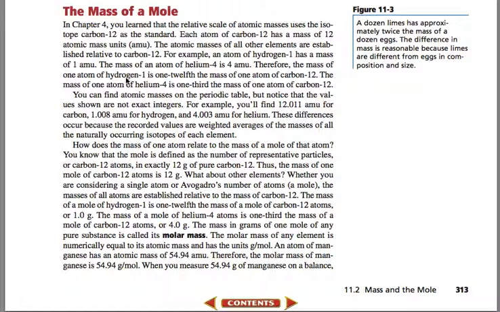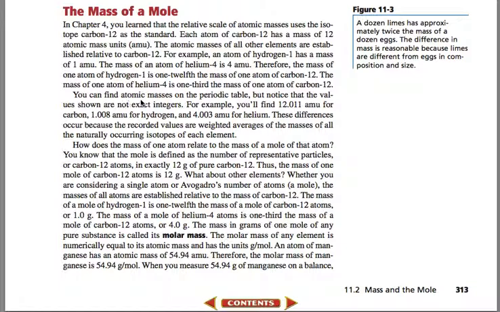Okay, because they're related to each other. The mass of one atom of helium-4 is 1/3 the mass of one atom of carbon-12, or 4/12, right, which is the same as 1/3.